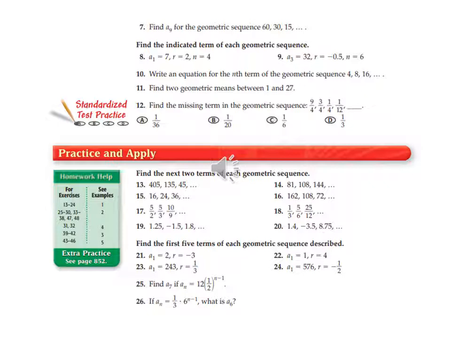Also, exercises and more practice about the geometric sequence: 7, 8, 10, 11, 12, 9, 10, 11, 12. Practice and apply.